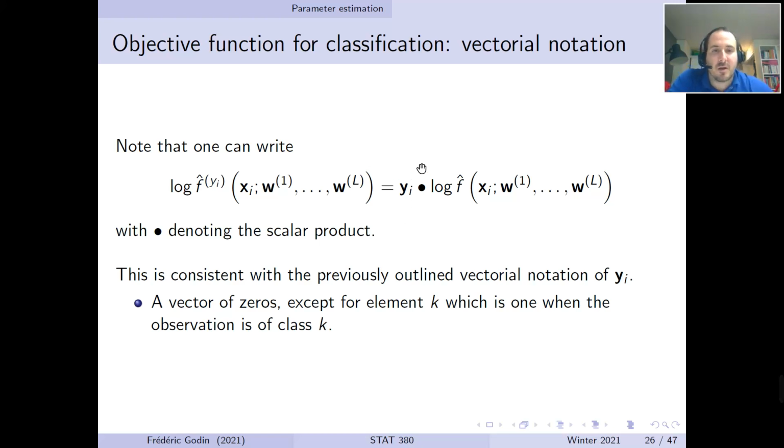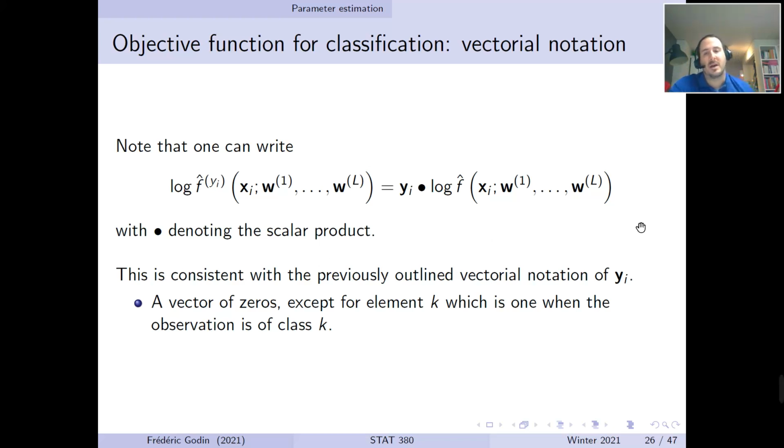If we take the scalar product between this unique vector and the log f vector, where this vector contains probabilities of being in each respective class for the predictor of the ith observation x_i, then this gives the likelihood of the y_i-th observation, which is the estimated probability for the ith observation to be indeed in class y_i. Here the black dot denotes the scalar product.